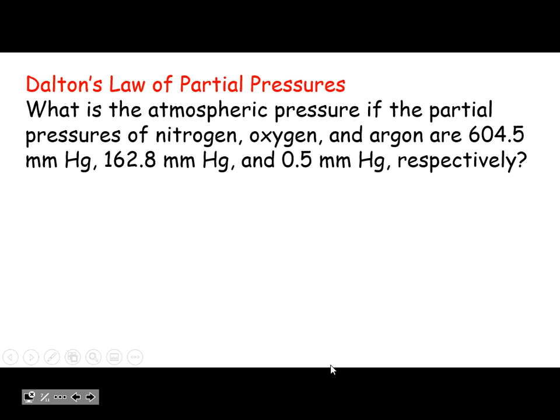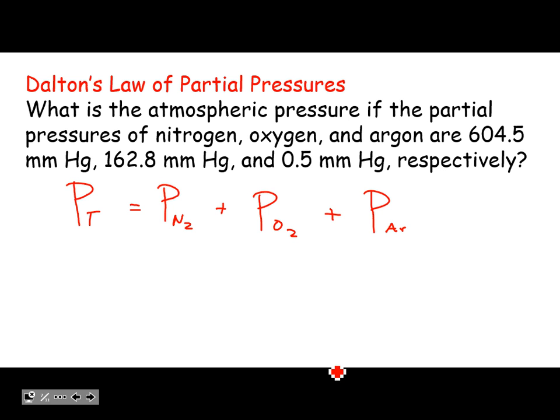So how we're going to proceed with this, ladies and gentlemen, is as follows. We're going to say that the total pressure is equal to all of the partials: the pressure of nitrogen, the pressure of oxygen, and the pressure of argon.